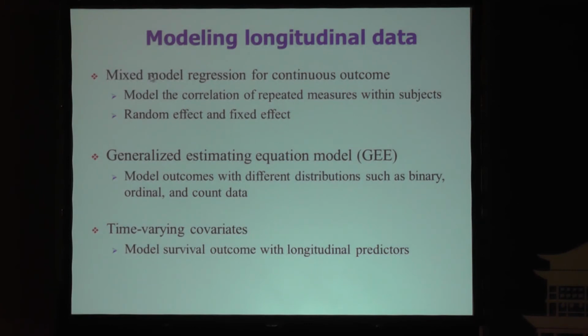Another quite interesting topic is how to combine the longitudinal data into the survival analysis. This involves modeling the survival outcome with a longitudinal predictor, and we can consider including time-varying covariates in the model.